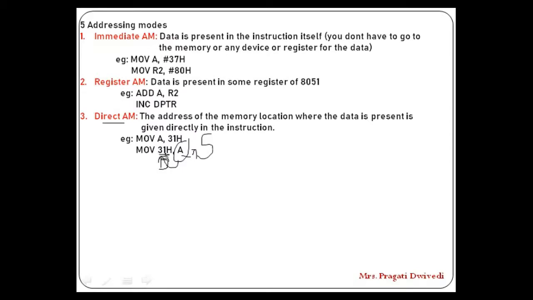So the content of the accumulator will go to the memory location whose address is 31h. Again, this is an example of direct addressing mode since there is no hash before the number. And you cannot have MOV #31h, A, because I said this has to be your destination. So immediate data cannot be your destination. Destination has to be a register or memory location.